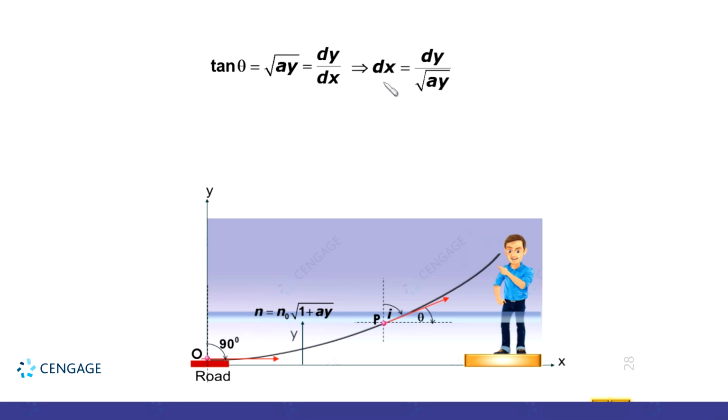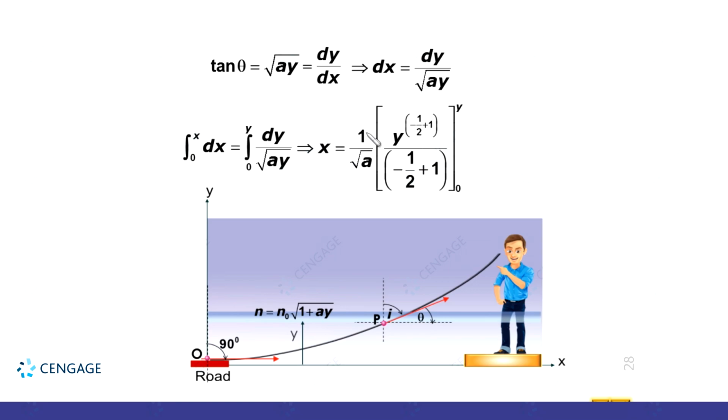Now we can do one thing, we can integrate here. We need to integrate on both sides, and we can write the limit of x as 0 to x and here 0 to y. Now the integration of dx equal to x, and for this we can take root a as common outside the integral. So it is the integral of y to the power minus 1 by 2, right?